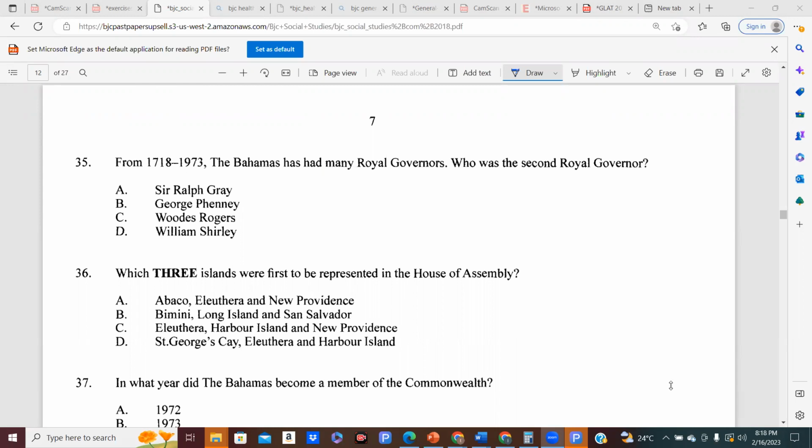A. Sir Ralph Gray, B. George Finney, C. Woodes Rogers, D. William Shirley. We think the correct answer is the second royal governor. B.